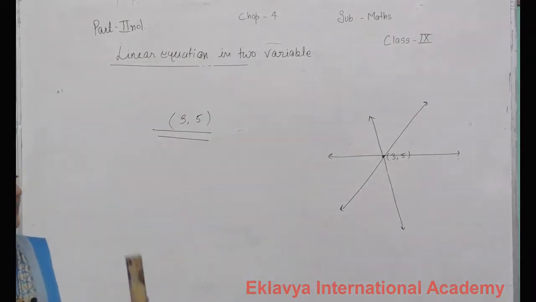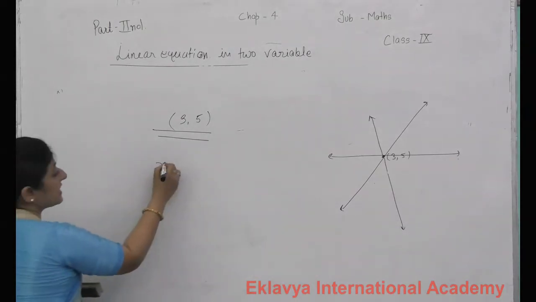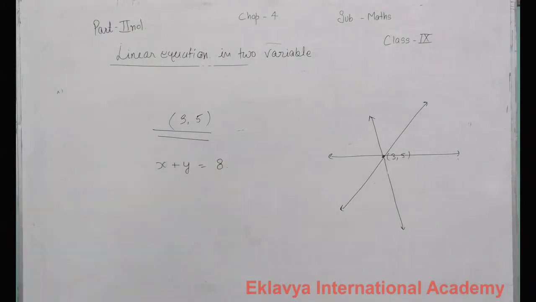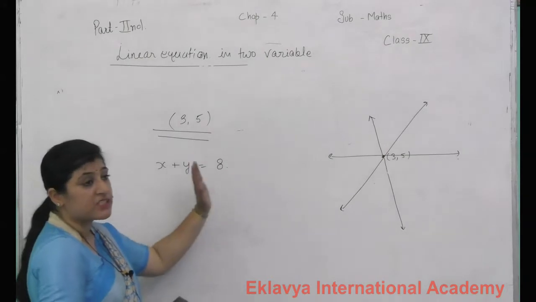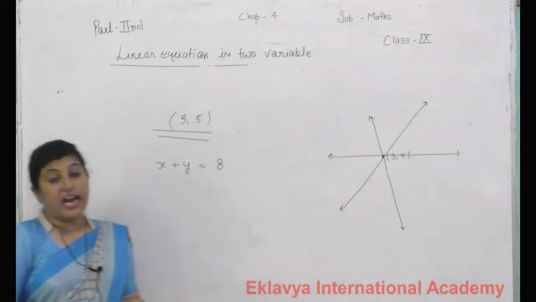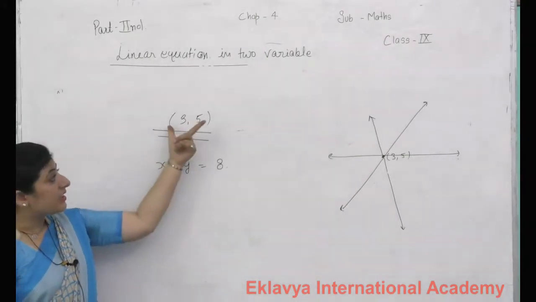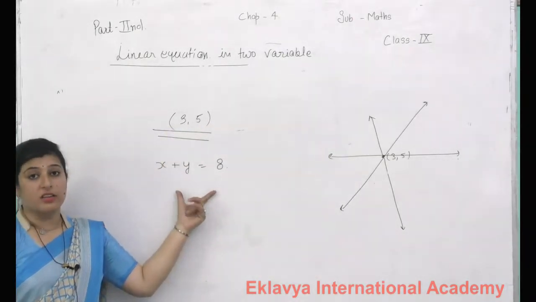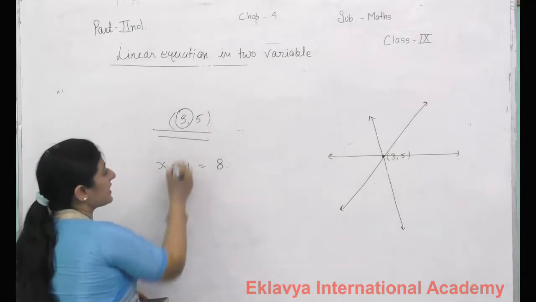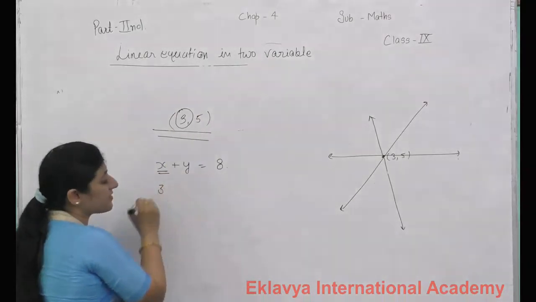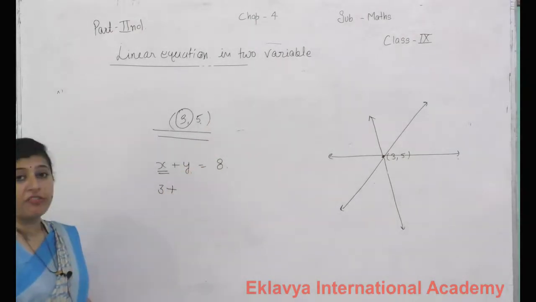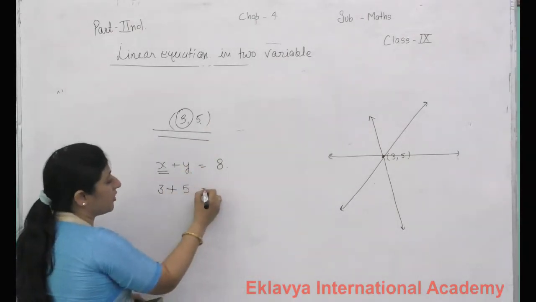Now write any equation. We have to write any equation which satisfies the given solution. So I write x plus y is equal to 8. I have to check whether the given point satisfies this equation or not. Now see, put the value of x as 3, 3 plus y is equal to 5, put the value of y.